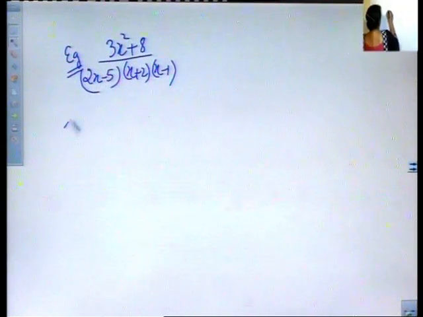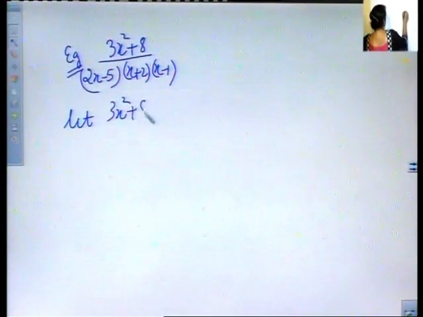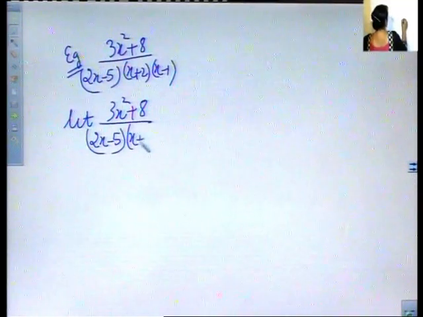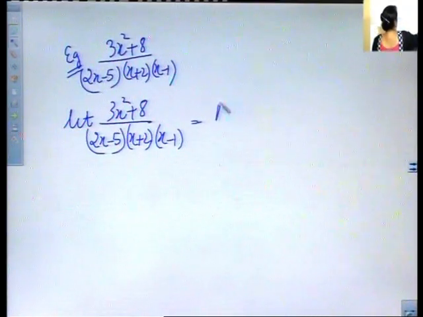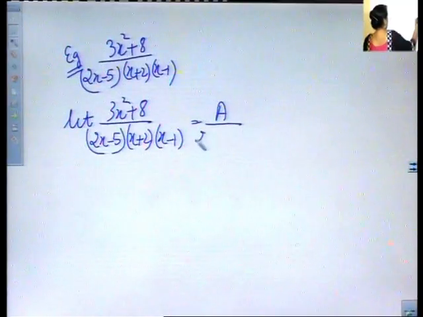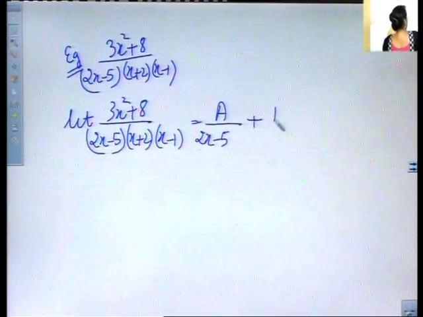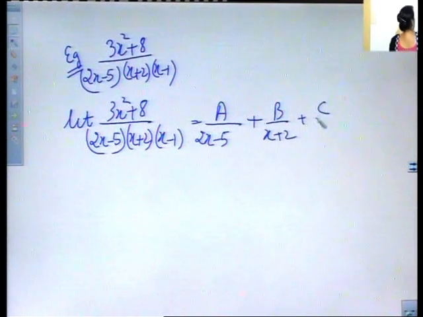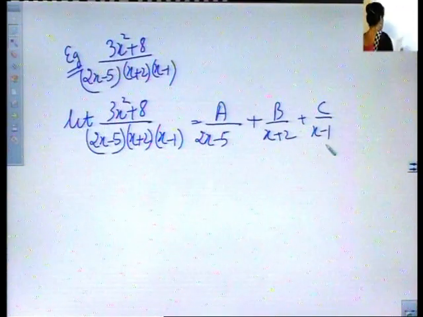So we write, let 3x square plus 8 upon 2x minus 5, x plus 2, x minus 1 is equal to a upon 2x minus 5 plus b upon x plus 2 plus c upon x minus 1.